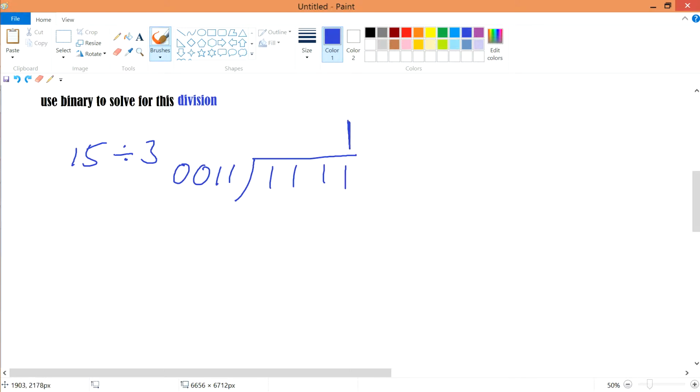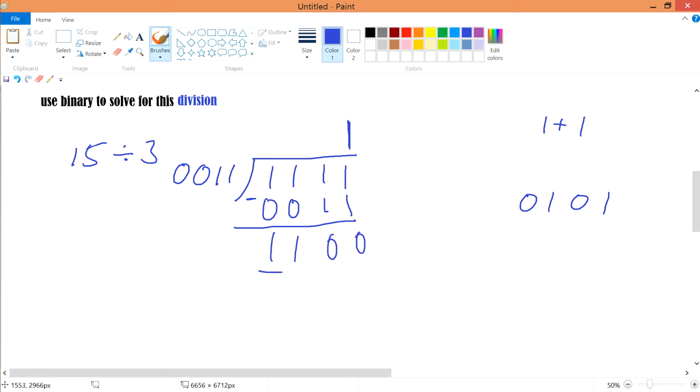I can write it as 1 over here. So 1 times 0, 0, 1, 1 is over here. So I can minus. 1 minus 1 is actually 0. Let me see. You also get a wrong answer, because this thing minus each other, you'll get 0, 0, 1, 1, which is equal to 12, which is the wrong answer.